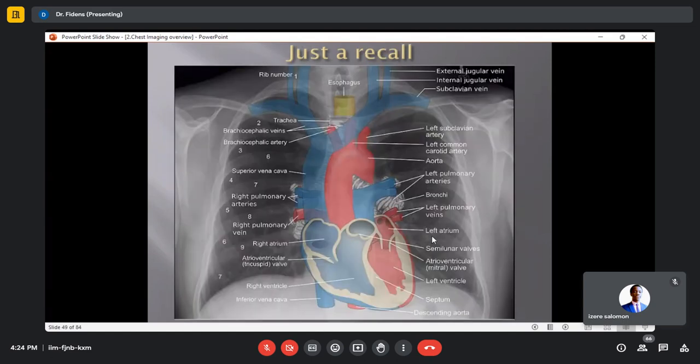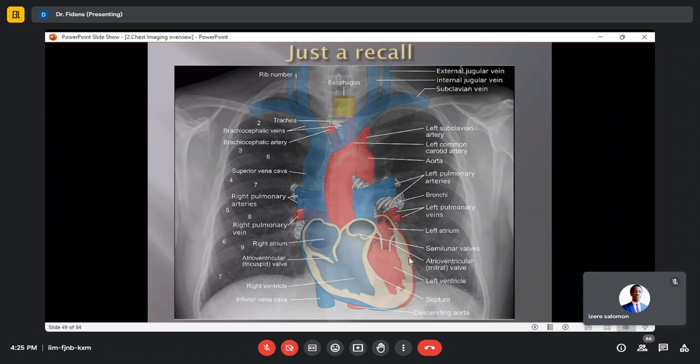So this is the core of anatomy. I know this is for you to still remember, always remember the structures in the chest. Because if you don't remember these structures, don't think you can make a diagnosis. If you don't know that there is a left pulmonary artery here, you cannot make a diagnosis of pulmonary hypertension. If you don't know that there is an aortic arch here, you cannot know if there is any aortic aneurysm or not.